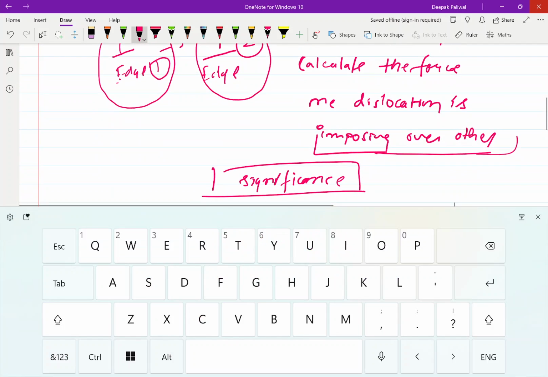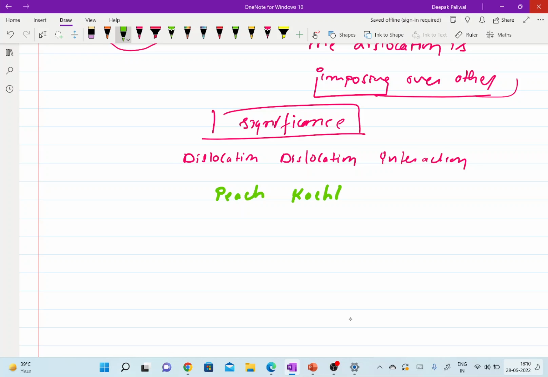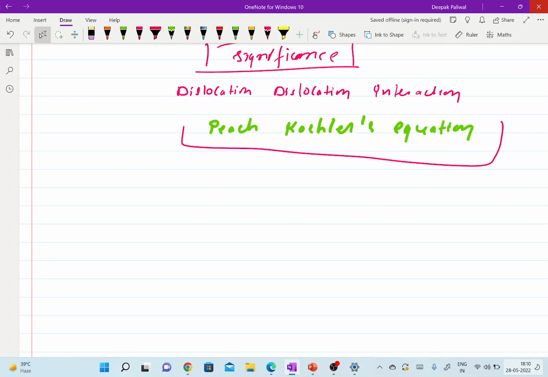So to analyze this dislocation interaction, a very famous equation known as the Peach-Koehler equation is used. What the Peach-Koehler equation says: we want to calculate the force.